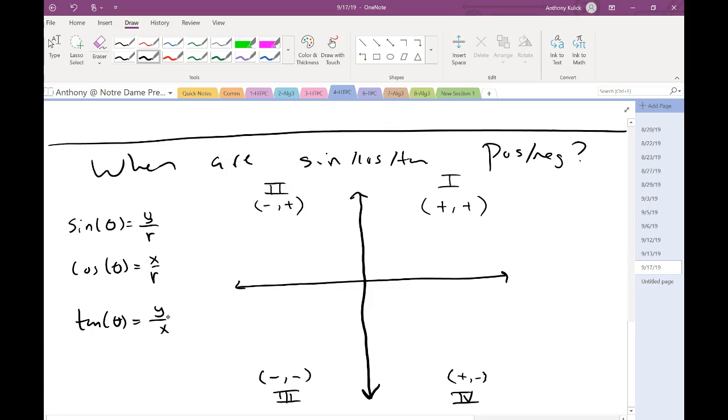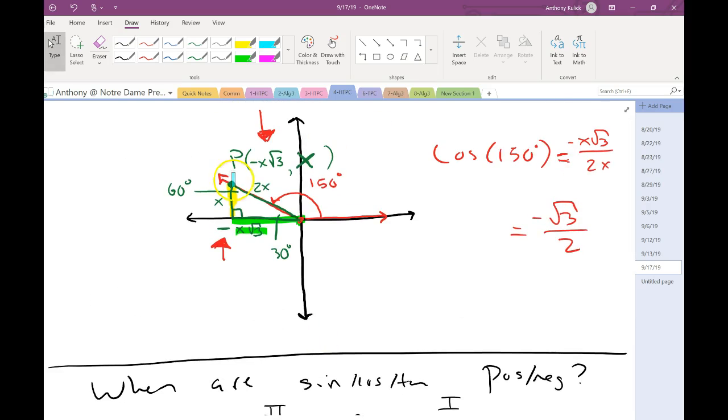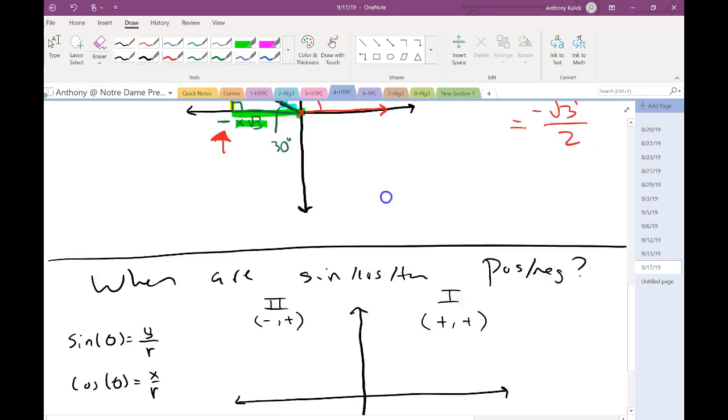R was a length, right? It was the distance between that point and the origin. So we know that r is always positive because it's a length. In our previous picture, that's r, the distance between that point P and the origin. Basically, it's the hypotenuse of our triangle, if we're drawing a triangle in there.